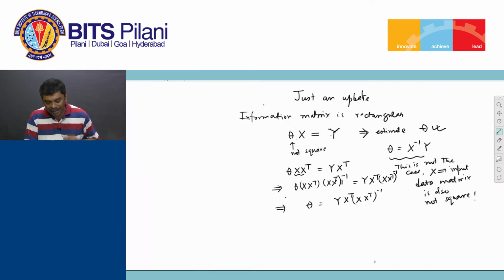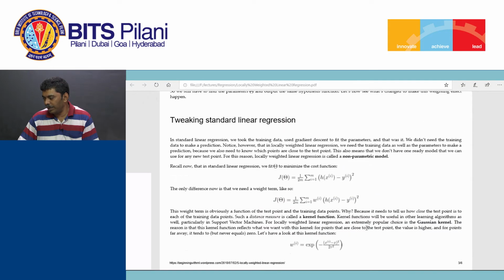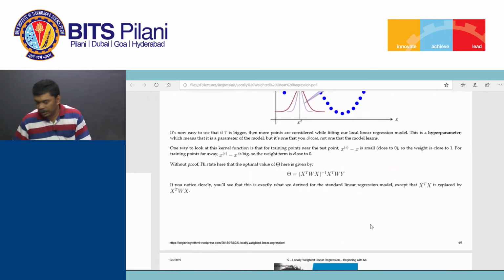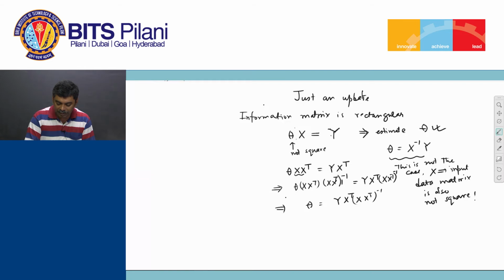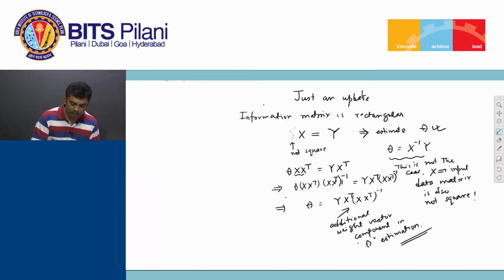Now in a locally weighted regression, what will happen is you will have the W come into the picture, that's all, and that's exactly what we have. Instead of x transpose x inverse times x transpose y, you will have an additional weight component.